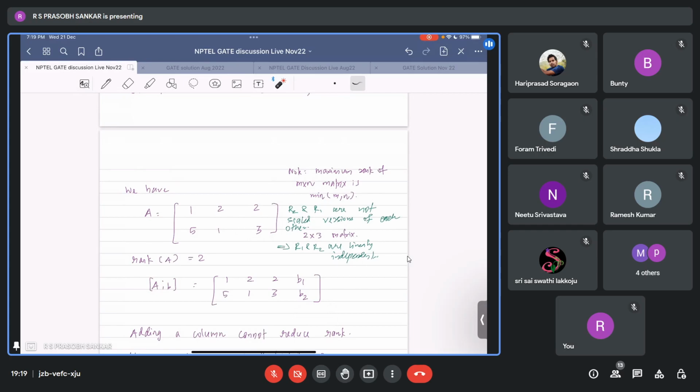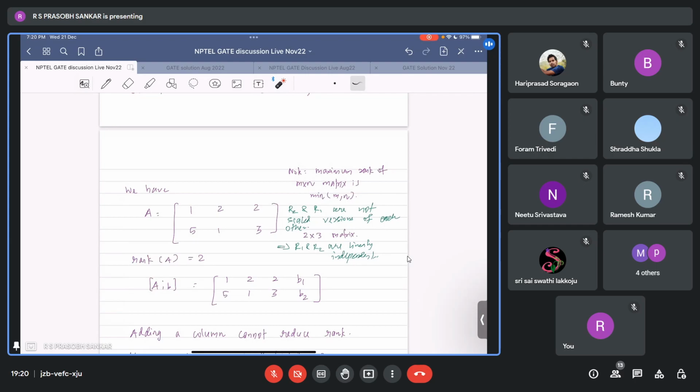It's like this. Whenever we have a matrix that is not a square matrix, the maximum rank of an m cross n matrix is the smallest value among m and n. So what it means is that if a matrix is 2 cross 3, the maximum rank is 2. And if the matrix is 2 cross 4, the maximum rank is still 2.